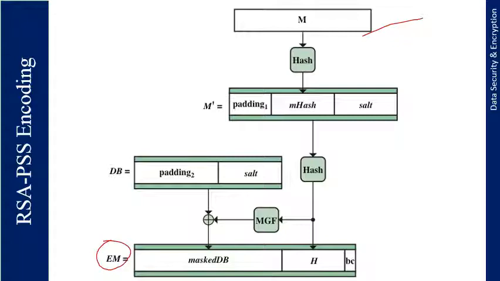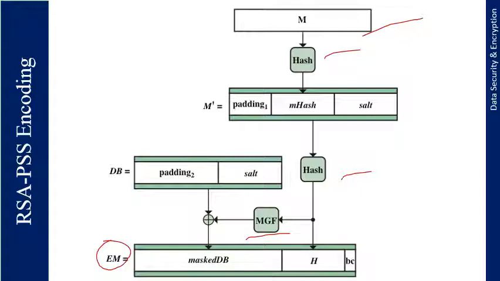First of all, we have the hash function. The current preferred version of the hash function is SHA-1. We have the MGF, the mask generation function. Again, the current specification calls for MGF1.